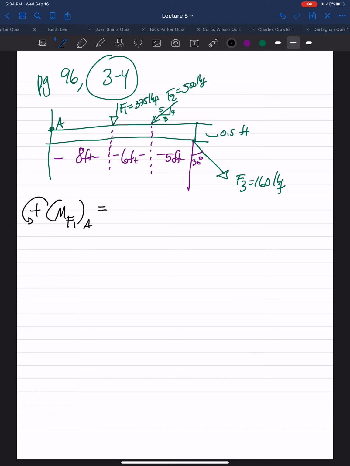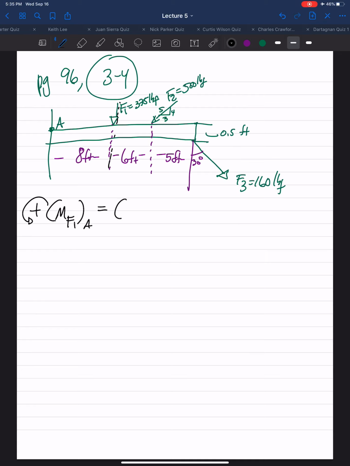And that's the force times the perpendicular distance. The perpendicular distance between the force F1 and A is 8 feet. F1 is, they did not give us an angle, so we will assume that it's perfectly perpendicular to point A. So that's 375 pounds, and it's causing it to go down in a clockwise direction, right?